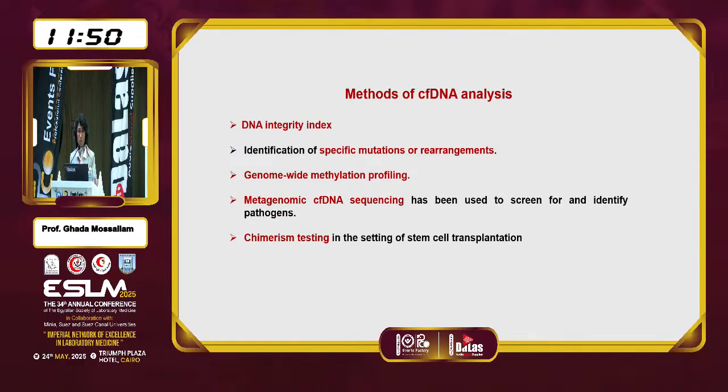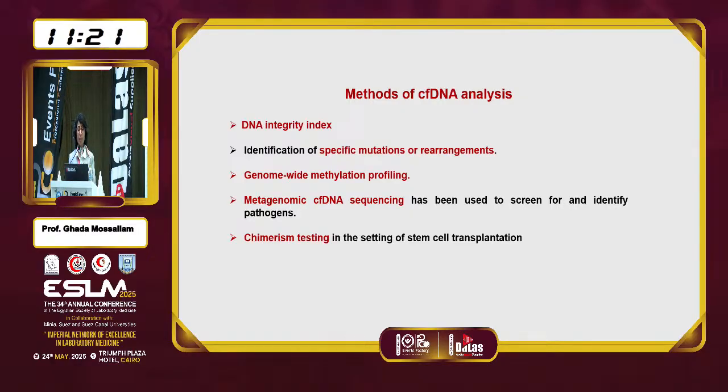Targets of analysis include the DNA integrity index, which is increased in case of cancer, and the identification of specific mutations or rearrangements, specifically in cancer patients. Also, the use of whole genome methylation profiling can inform about the origin of the cell-free DNA.